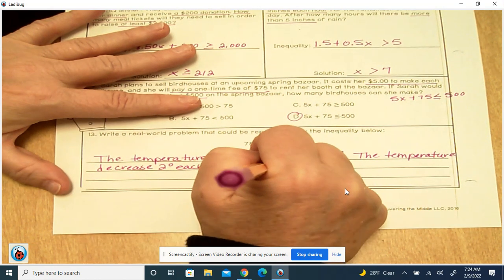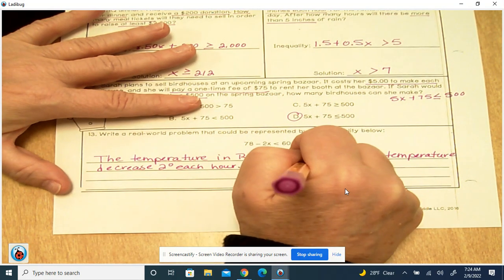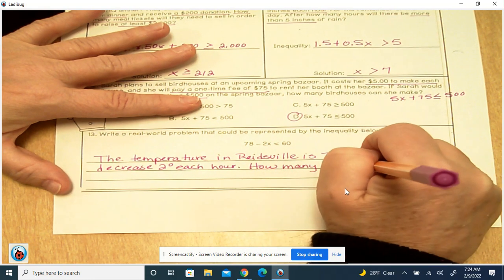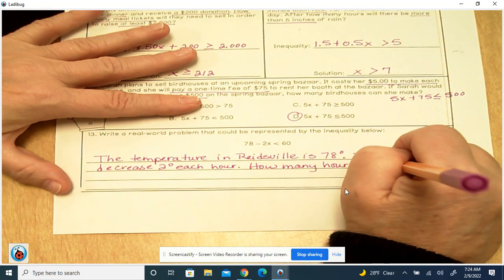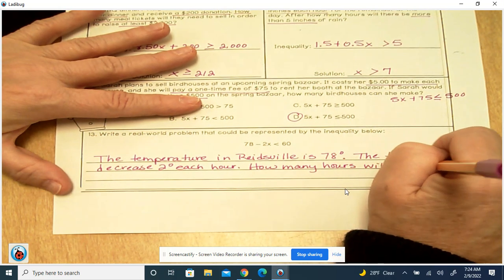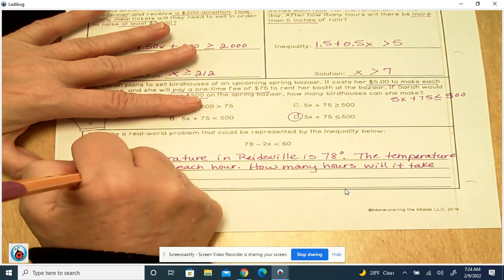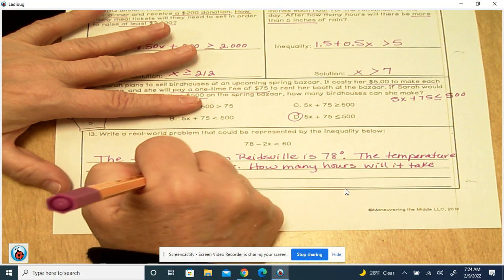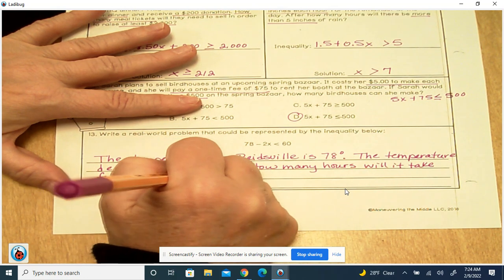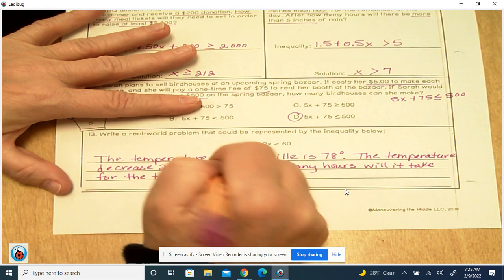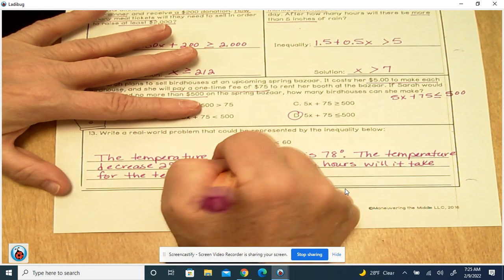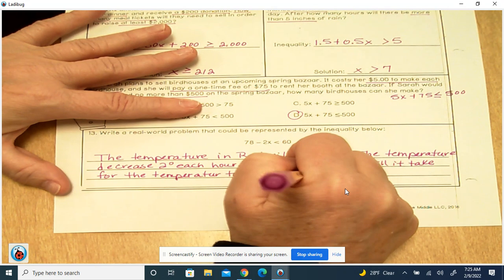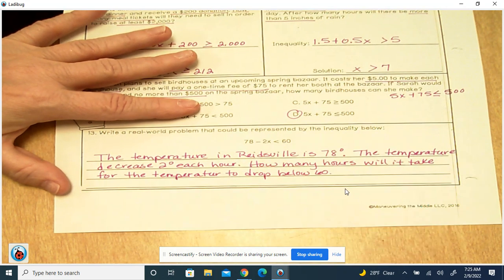How many hours will it take for the temperature to drop below 60?